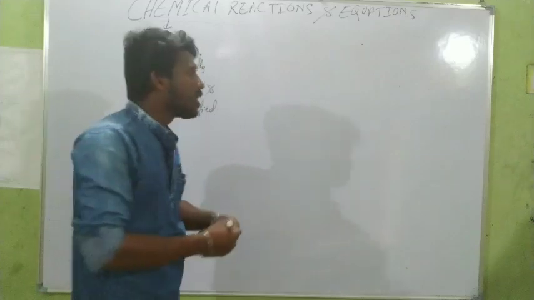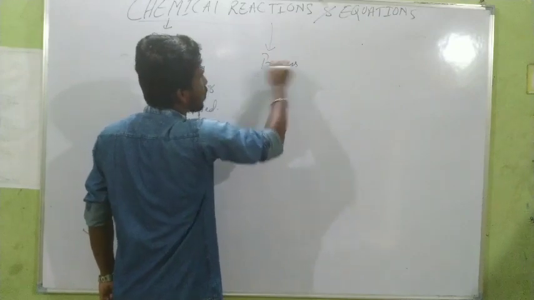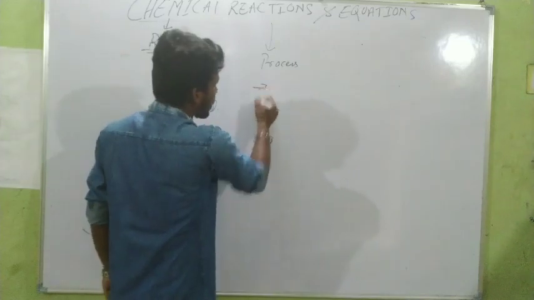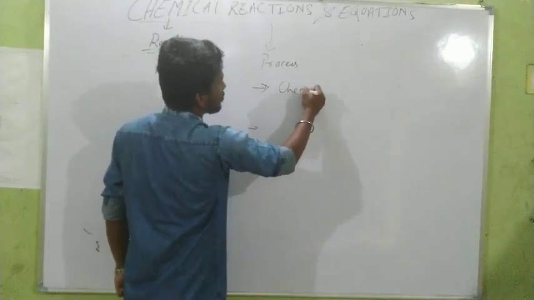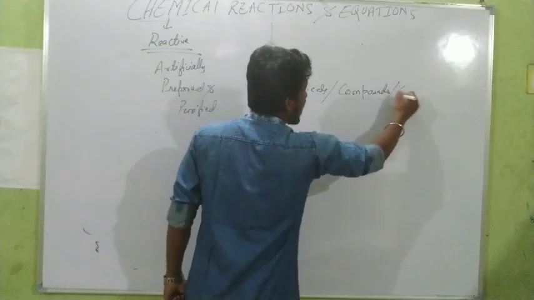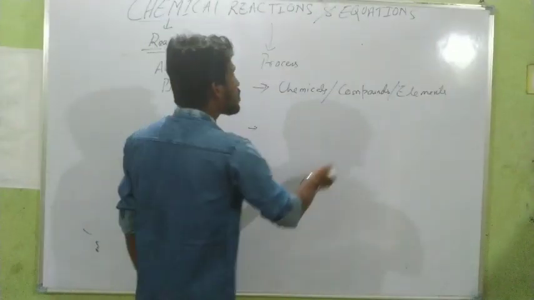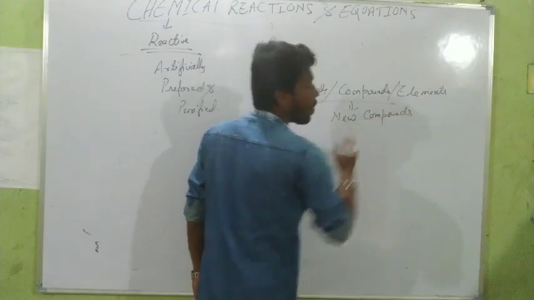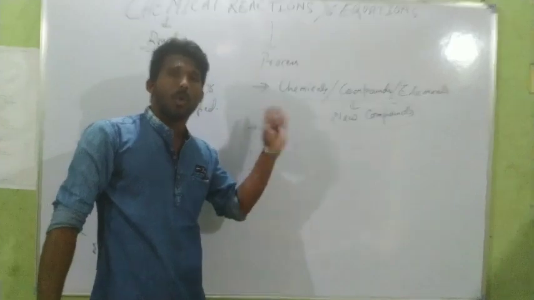What does chemical reaction mean? Basically, it's a process where two or more chemicals, or any compounds or elements, react with each other and produce some new compounds, where the properties of the new compounds are different from the older ones.